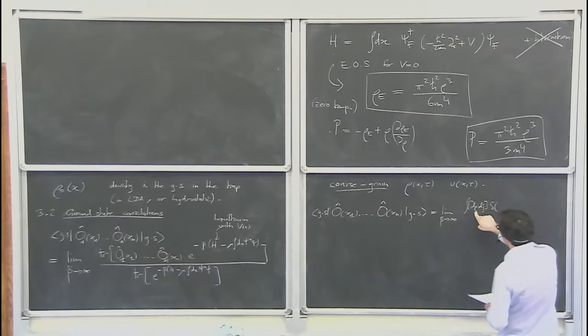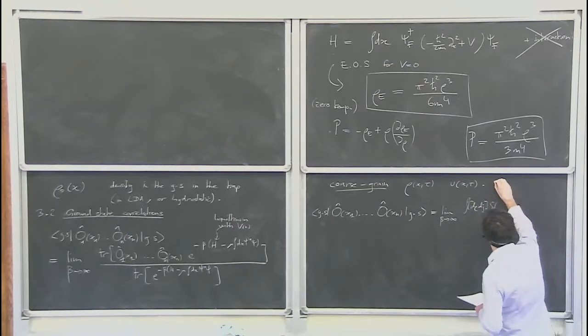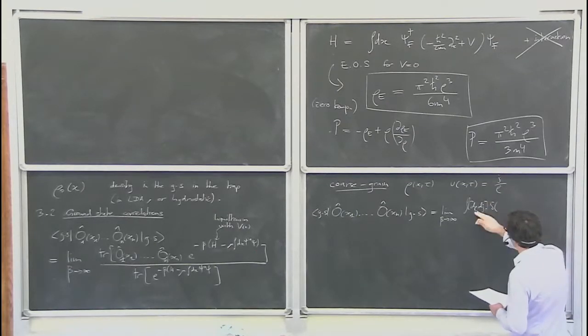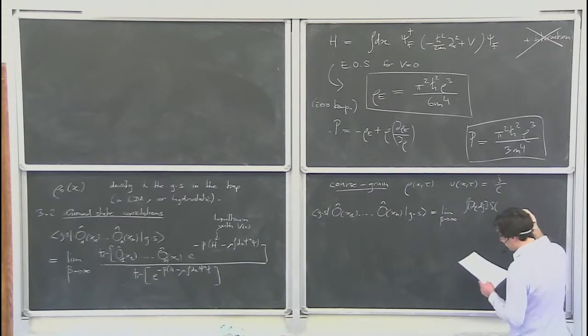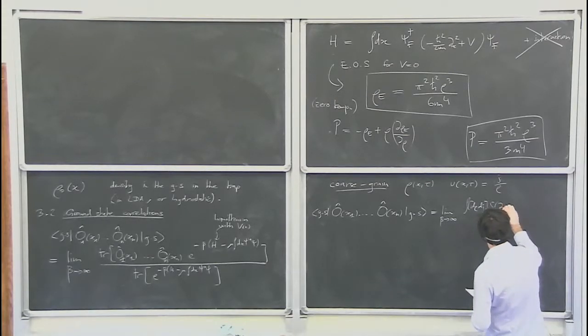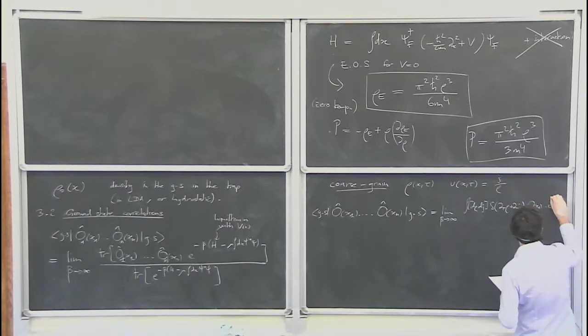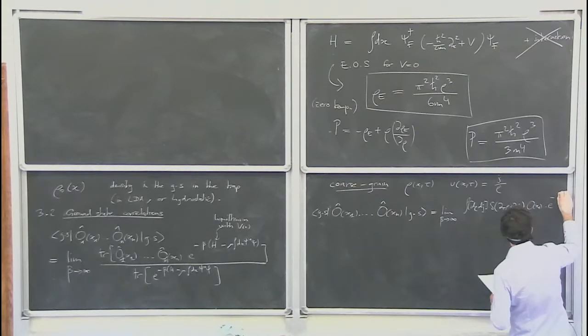I want to integrate over rho and j, where u is j over rho, over all possible configurations of the density and the current, constrained by the continuity equation, which looks like this, times the operators times exponential minus the energy, essentially.